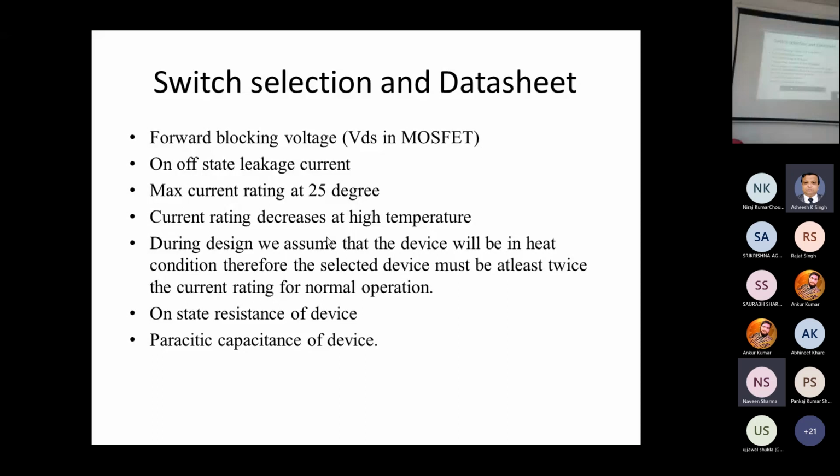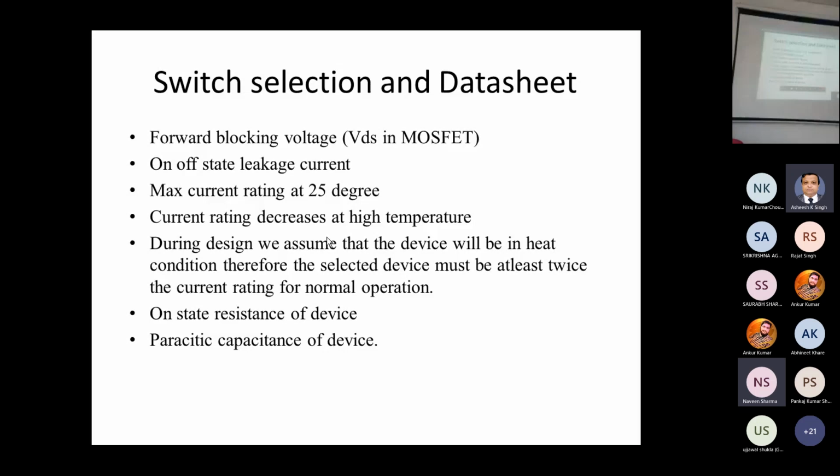Whenever the switch is heated, higher current passes through the device, so only a device with higher current rating can withstand that condition, otherwise it may fail. So during design, we assume the device will be in the heat condition, therefore the selected device must be at least twice the current rating for normal operation.